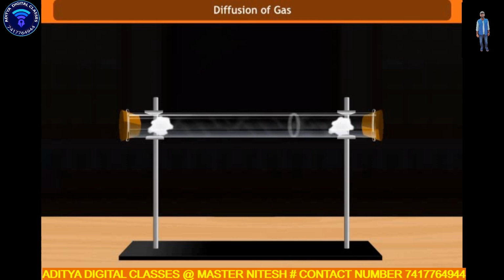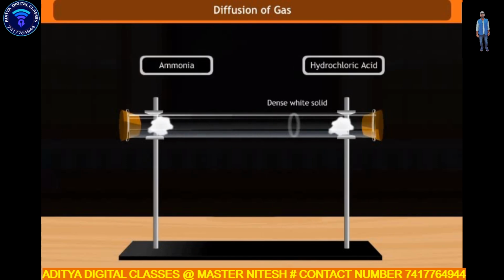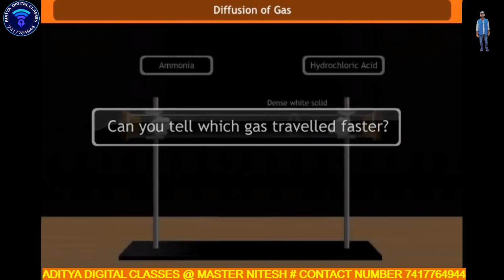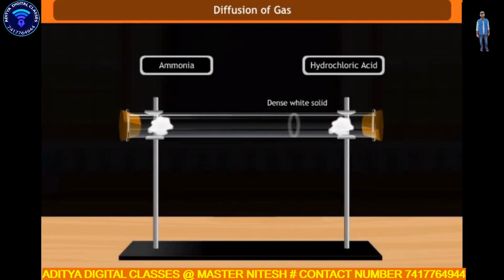This white ring is in fact a dense white solid formed by the diffusion of two gases, ammonia and hydrogen chloride. Did you notice that the white ring is formed closer to the hydrogen chloride end? So can you tell which gas traveled faster? Is it the ammonia gas or hydrogen chloride gas? That's true.